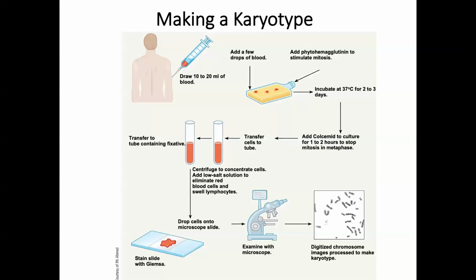Okay, so the red color shown in this culture flask is a little bit misleading here. But anyway, a mitogen called phytohemagglutinin, also known as PHA, is used to treat the white blood cells to promote cell proliferation.